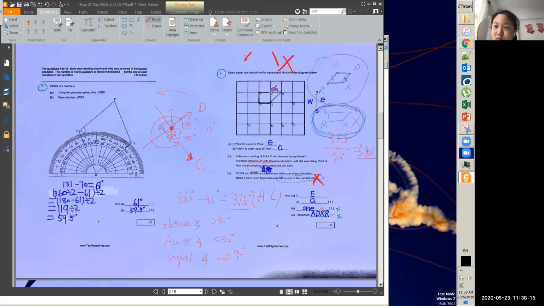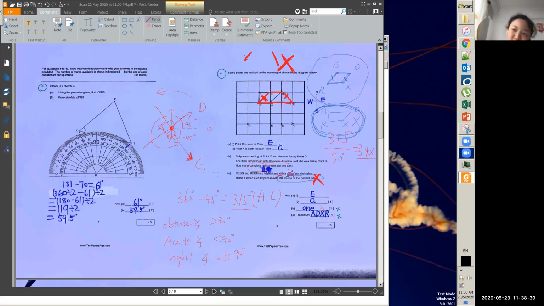What is BDRE? BDER, right? You're talking about this, right? Can I ask you, are these two parallel to each other? Therefore, this one cannot.